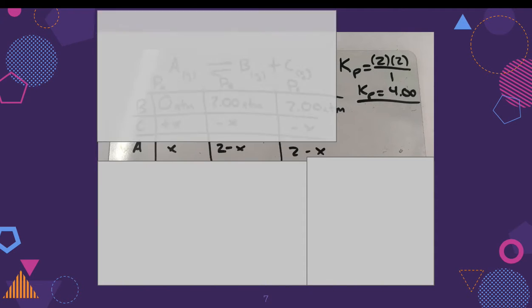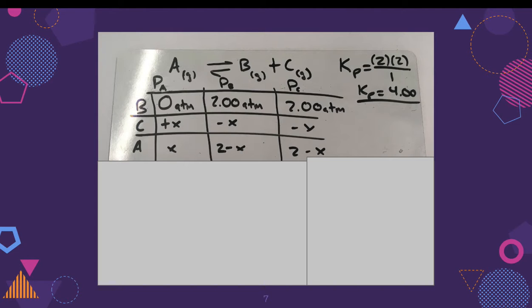The next step is to create a BCA chart. Since it tells you that all of A is removed from the system, you start out with 0 atm for pressure A. And you just include the 2 atm for both B and C because that's given.